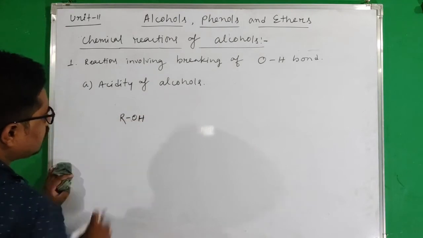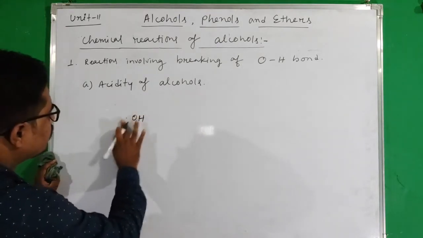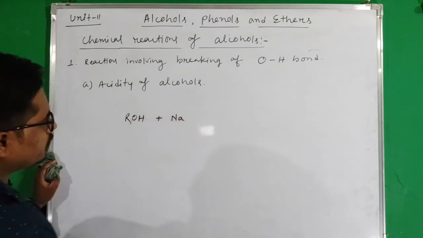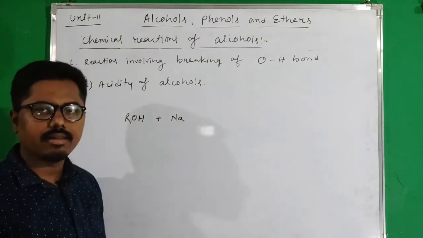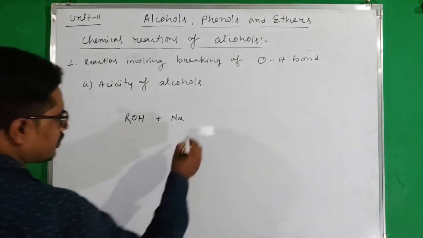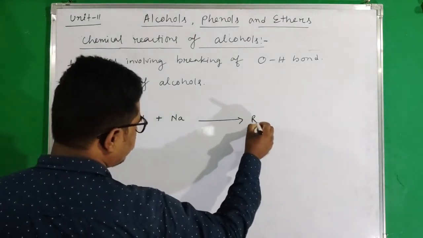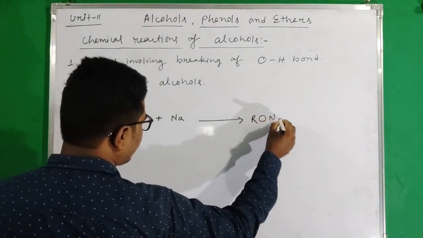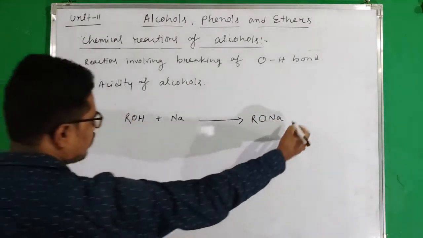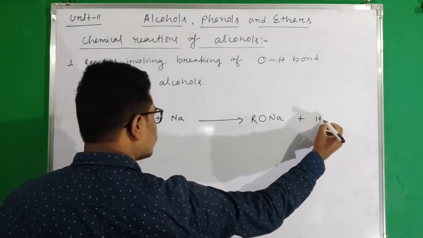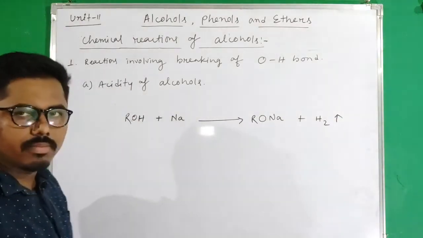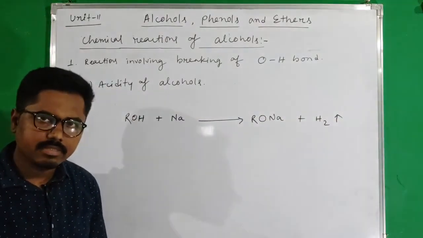Suppose we have considered a general alcohol, ROH. When this alcohol reacts with active metals like sodium, lithium, potassium, then salt will form, RONa, sodium alkoxide, and then hydrogen gas will liberate, which will burn with a pop sound.